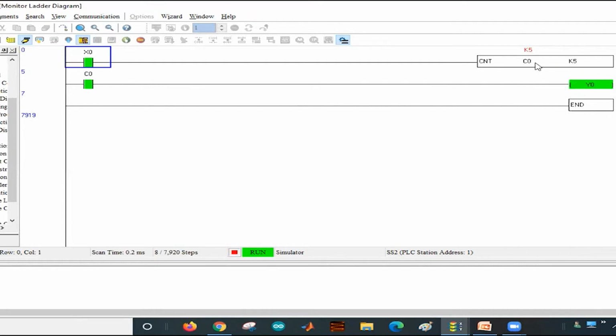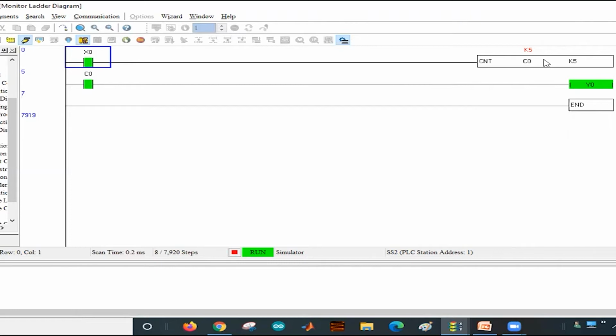Okay. Now, as we saw before, C0 is an unlatched counter. That means, suppose the PLC is not in running mode, suppose power supply to the PLC is gone, then this counter will come back to 0. That is the unlatched counter.